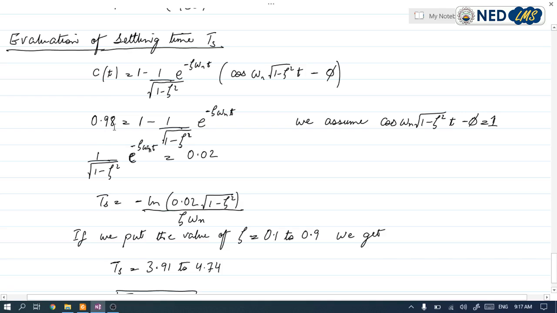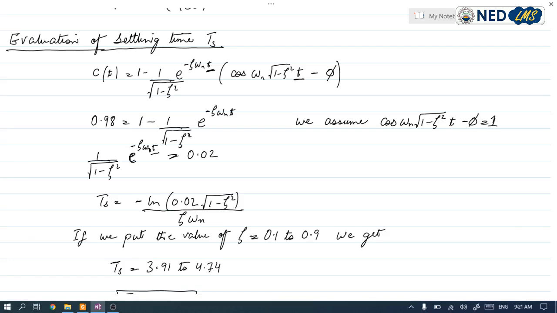I can also put here 1.02, which is +2% of our final value. Also here we are assuming that this cos function will be equal to 1 at settling time. We are making this assumption because here we have two time terms, this term and this term, and if we have two time terms in the equation, we cannot solve it for the time.